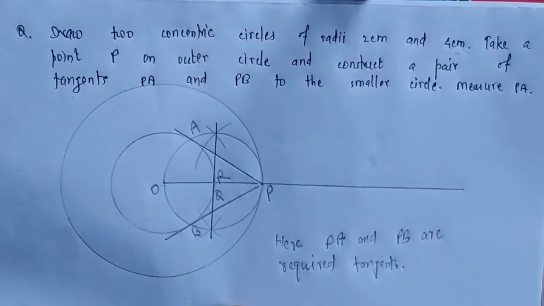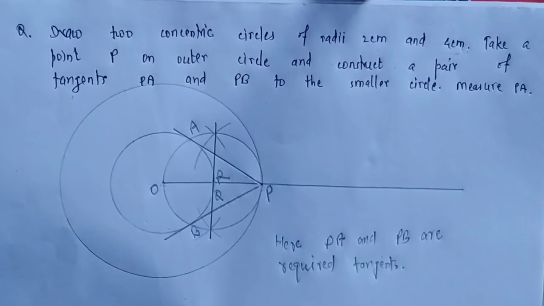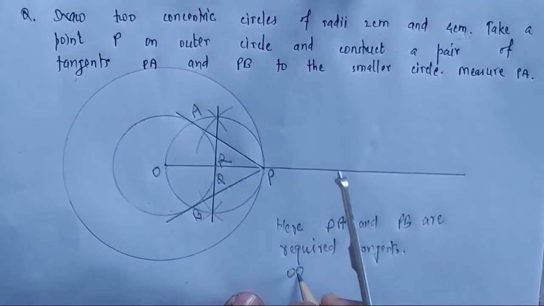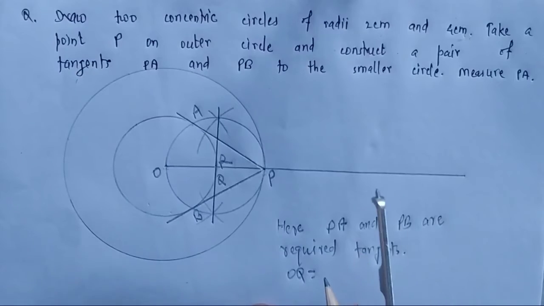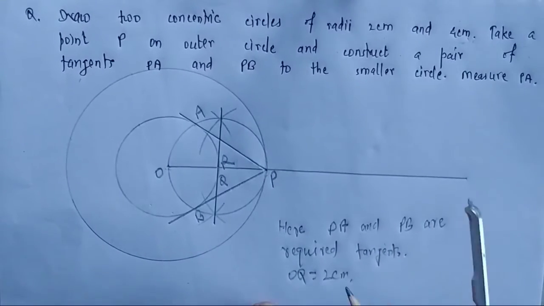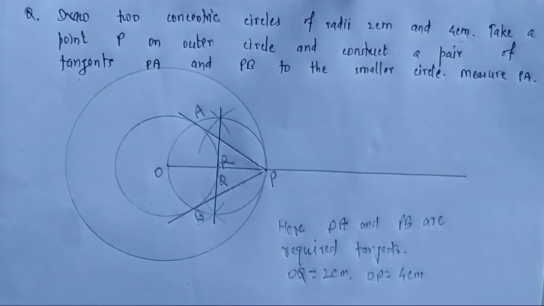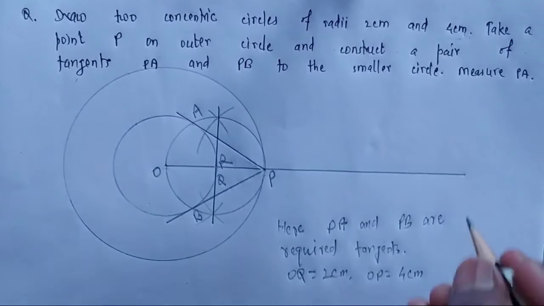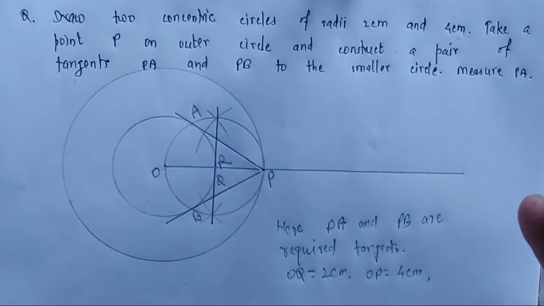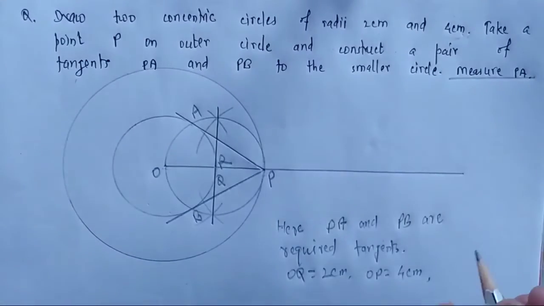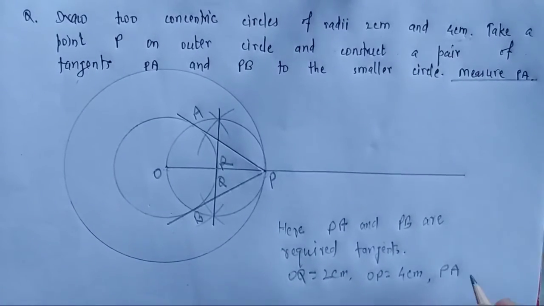And what information is given here? Here OQ is given as 2 centimeters and OP is given as 4 centimeters. In this question, you are required to measure PA. And how will you measure PA?